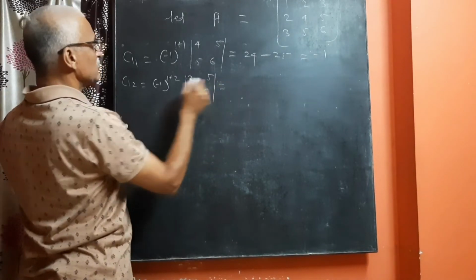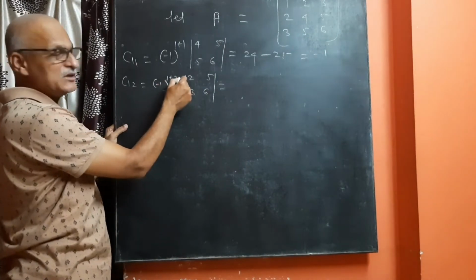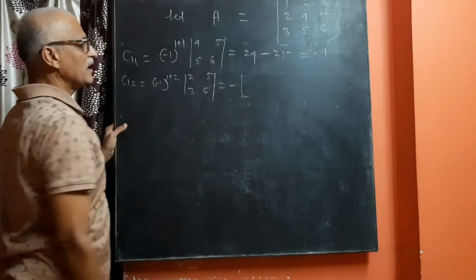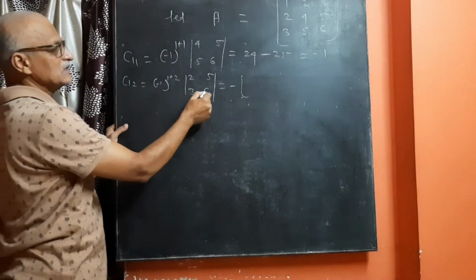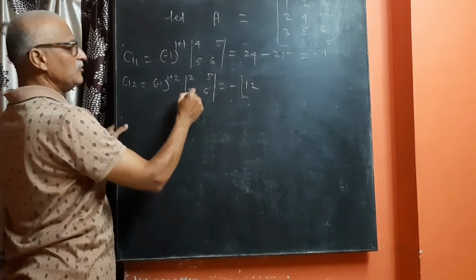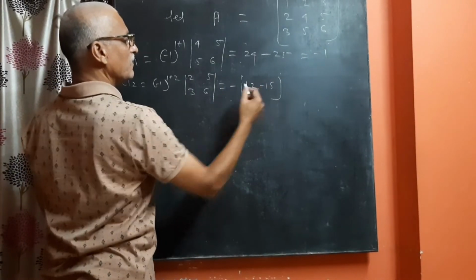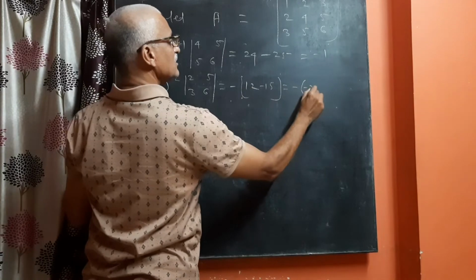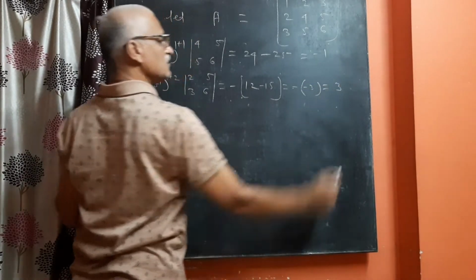So it equals minus 1 raised to 1 plus 2, which is minus 1 raised to 3, and that is minus. Minus in bracket 2 into 6, that is 12, minus 5 into 3, 15, which equals minus 12 minus 15, that is minus 3. So minus into minus 3 is 3.